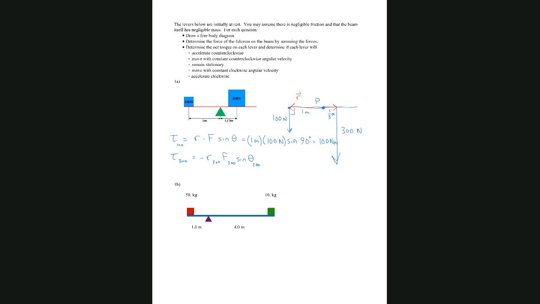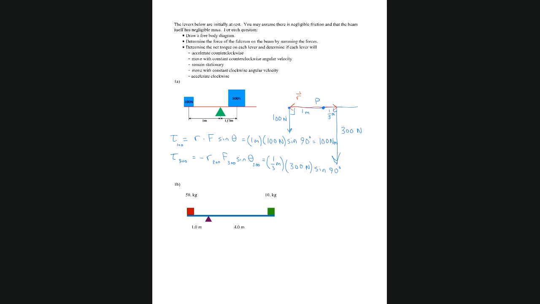Okay, and we'll do the same calculation, but it's for the 300 weight now. So let's use 1/3 meter, 300 newtons, and then a sine of 90 because these are also perpendicular.